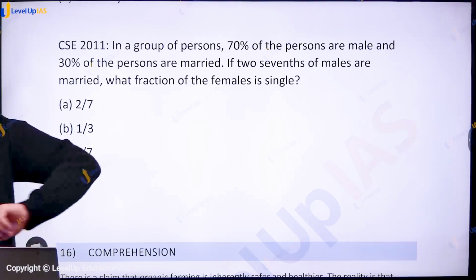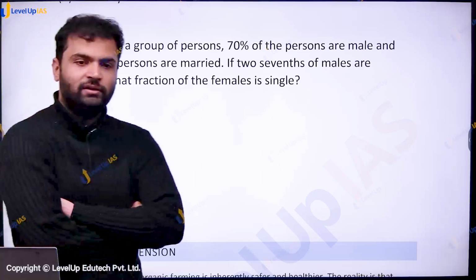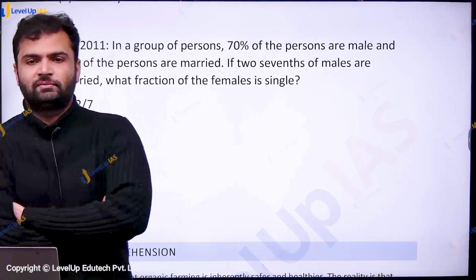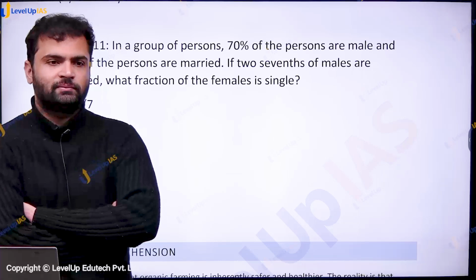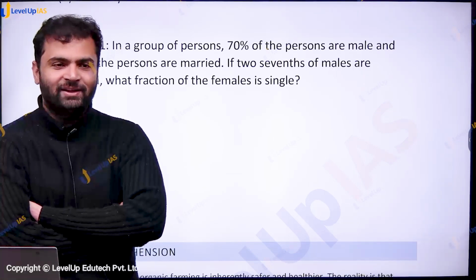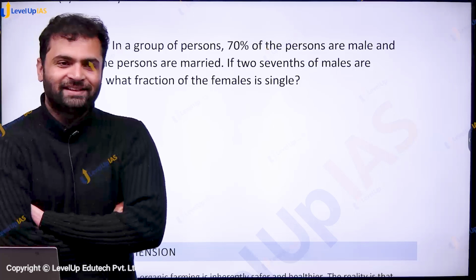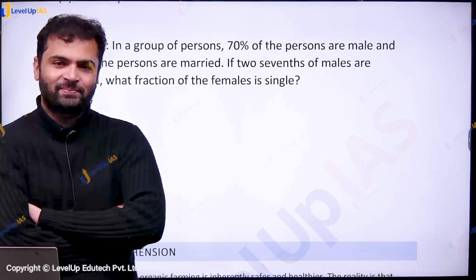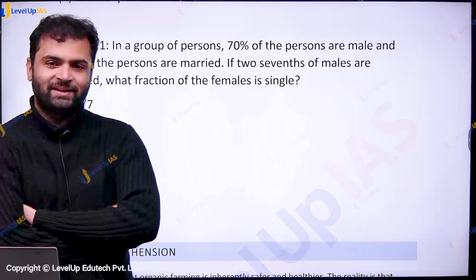The real fight is between 1 by 3 and 2 by 3. That is more likely, na? That is more likely. There aren't that many single women. There is more competition.